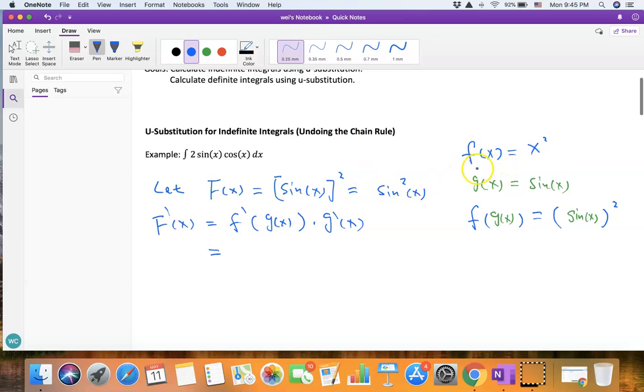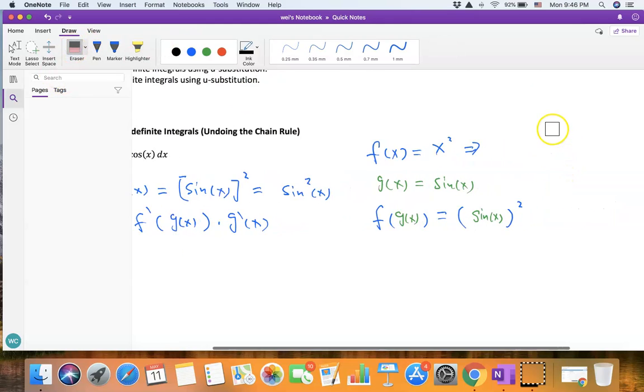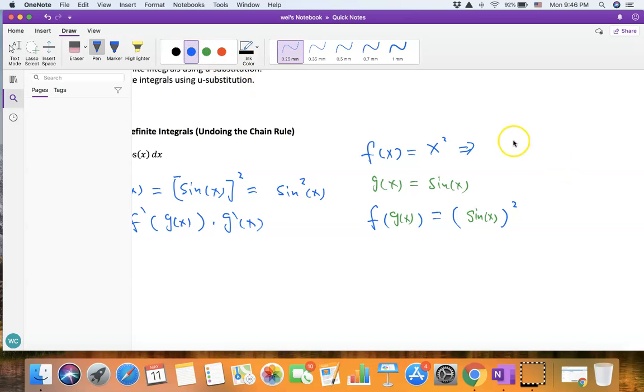Okay, the derivative of little f is 2x, and the derivative of g of x is cosine x.